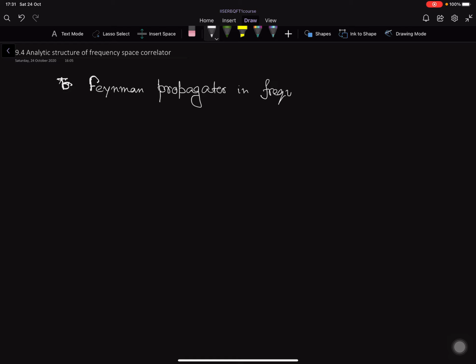Just for simplicity, we still restrict ourselves to 0 plus 1 dimension, but this also holds in 3 plus 1 dimension. The expression for the Feynman propagator in frequency space is i h bar over E squared minus m squared plus i epsilon.